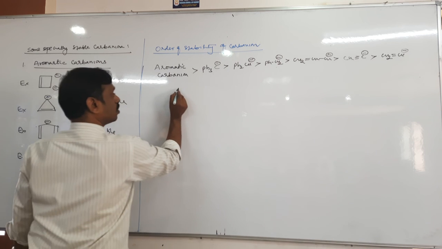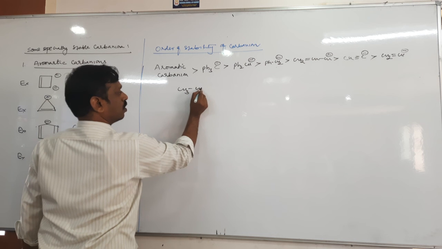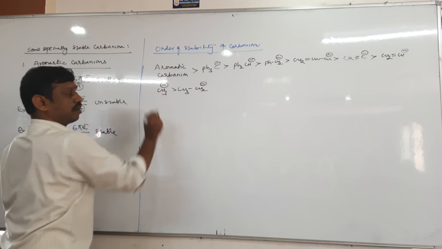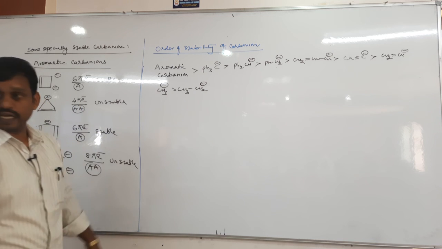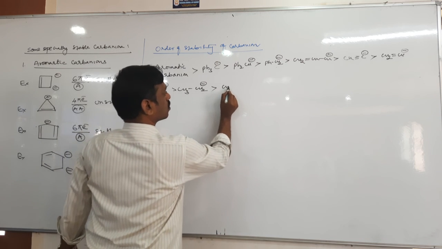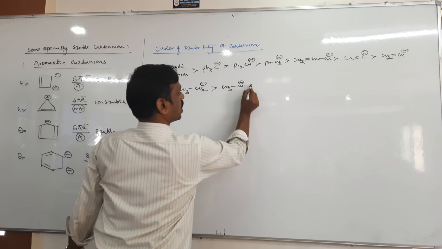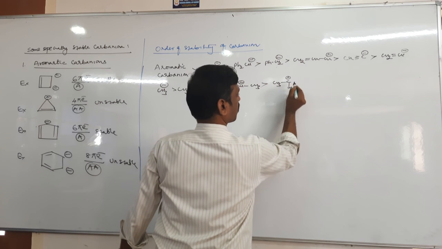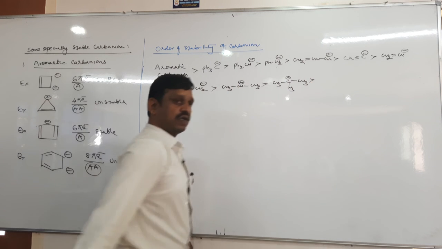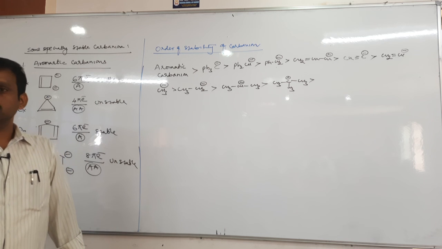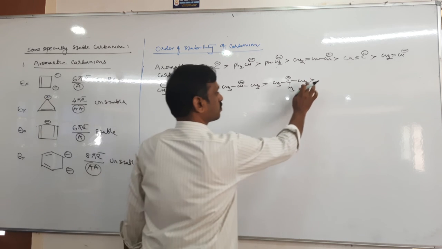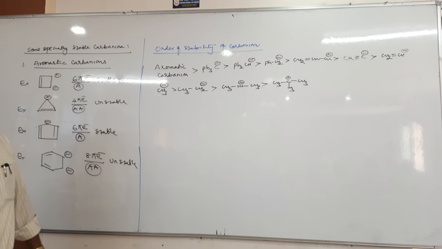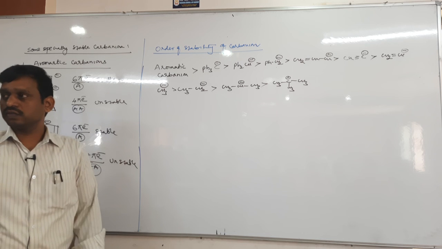Next comes methyl carbanion, then primary carbanion. Next is secondary carbanion. Next is tertiary carbanion. That's it. So this is the order of stability of different carbanions.